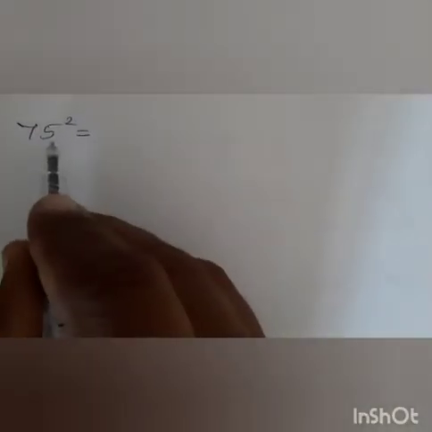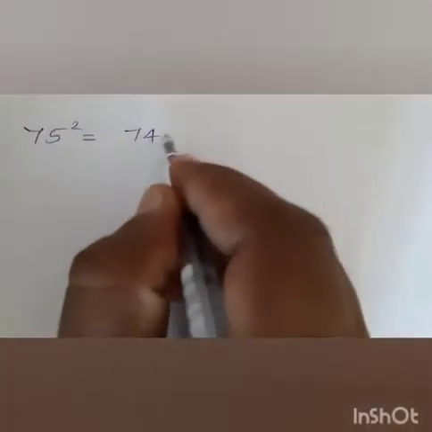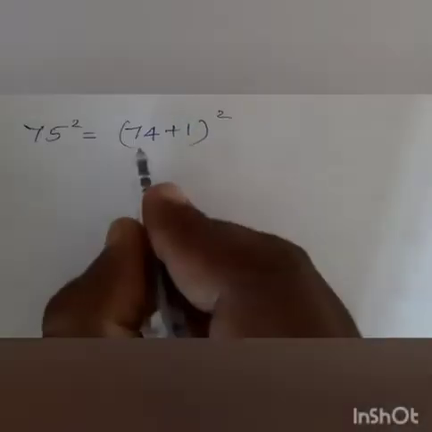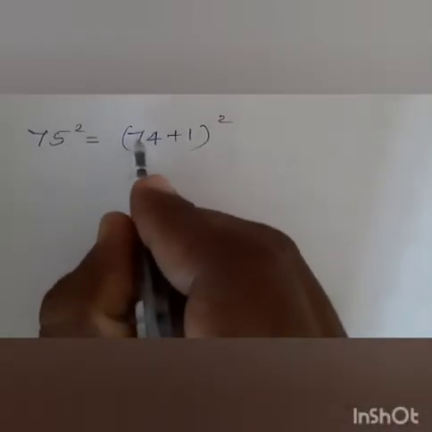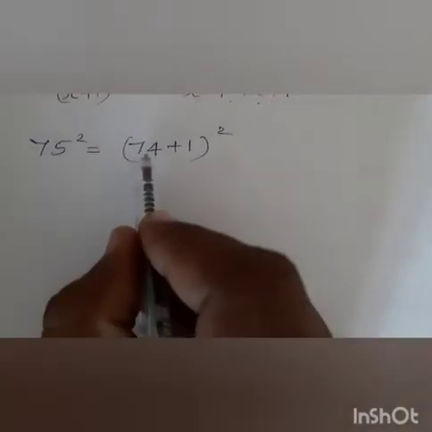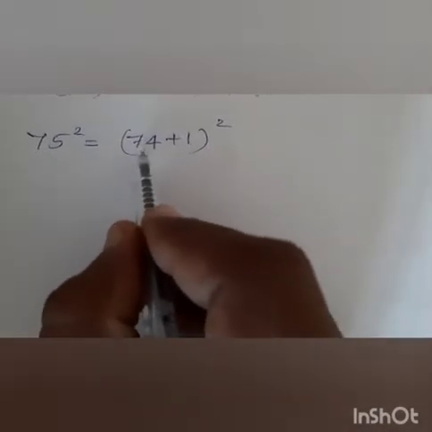Next is 75 square. 75 square we can write as (74 plus 1) whole square. But if we write it like this, we have to find out the square of 74. So if we write like this, we should find out the square of 74.